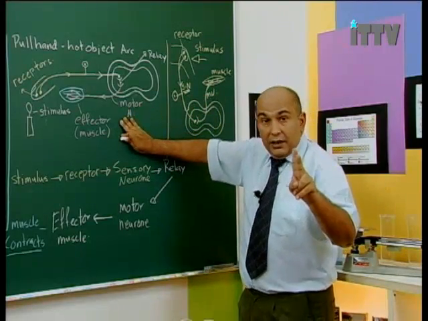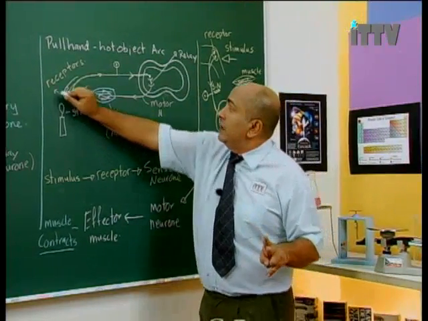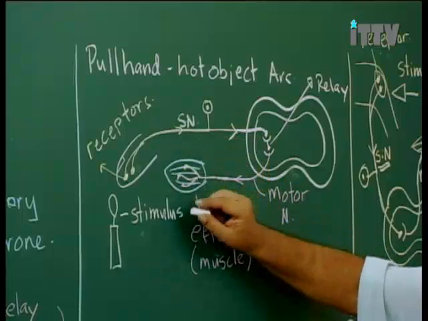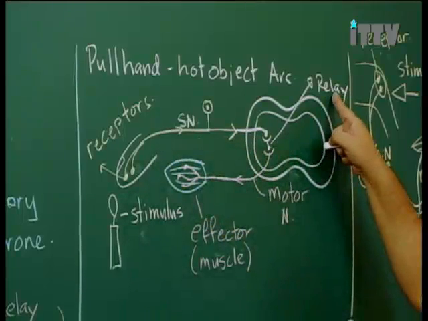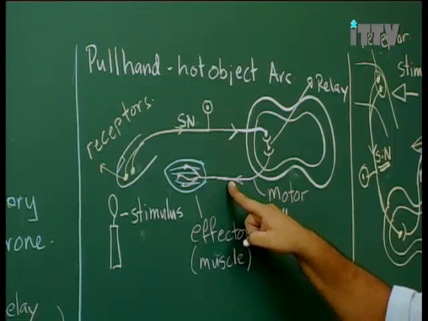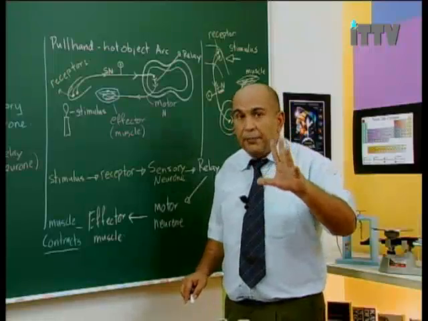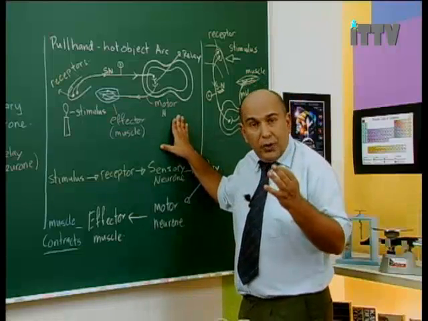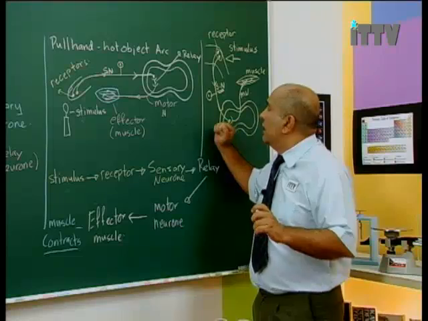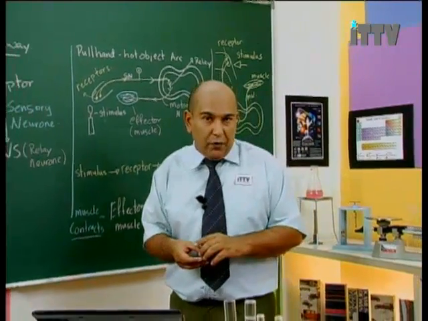Over here, when we did the pull hand away from a hot object, we had the sensory neuron, here we had the relay neuron over here, and we had the motor neuron over here. 3 neurons, totally different. This one is slightly slower, not much slower, very slightly, but slightly slower. This one a bit faster because only 2 neurons involved.